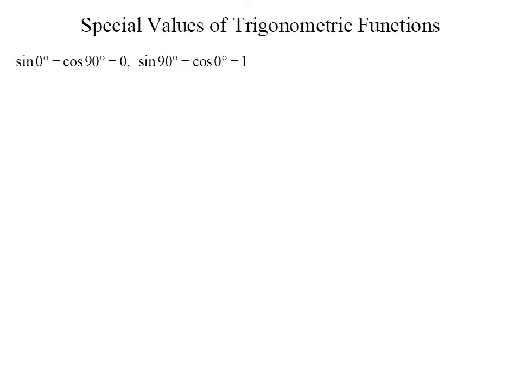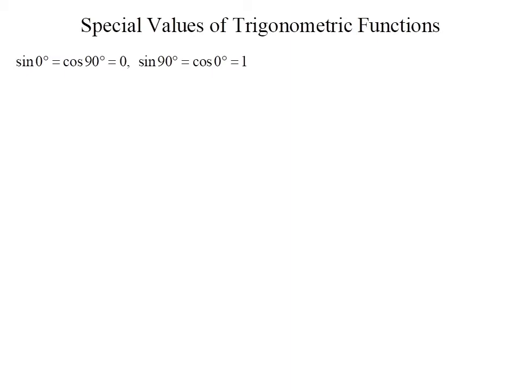Now we are going to evaluate the sine, cosine, and tangent functions at 0, 30, 45, 60, and 90 degrees respectively. For 0 and 90 degrees, as we can imagine in the unit circle, sine 0 degrees equals 0, while sine 90 degrees equals 1.